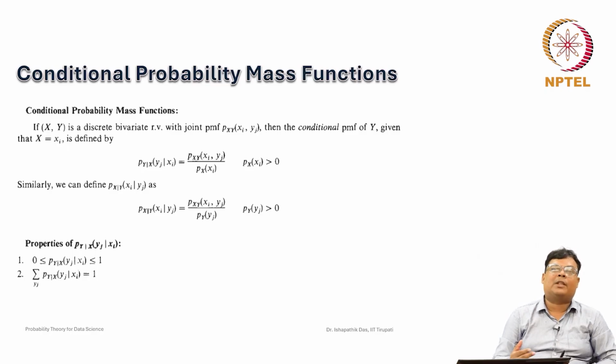Then how can the probability mass function of the other variable be modified? It is known as the conditional probability mass function when both are discrete random variables. If x y is a discrete random variable with joint probability mass function p x y (x i, y j), then the conditional probability mass function of y given x equal to x i is defined as this function.